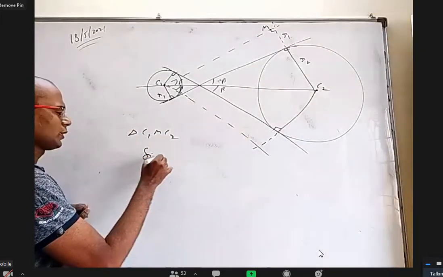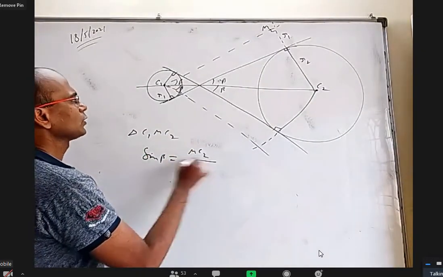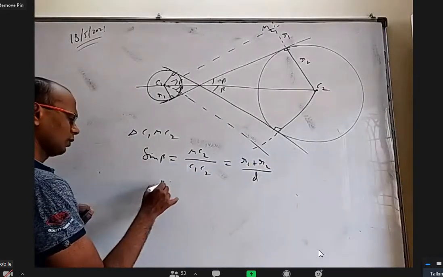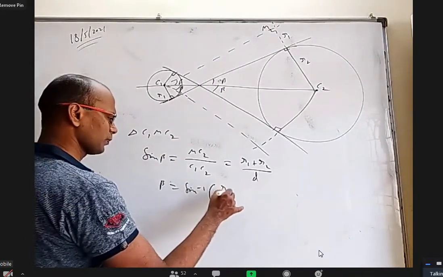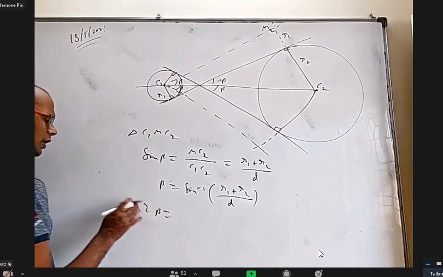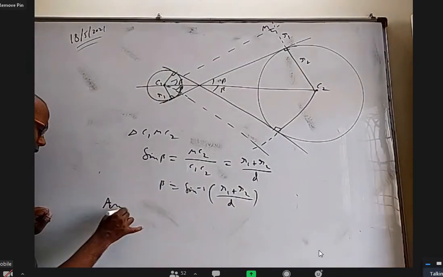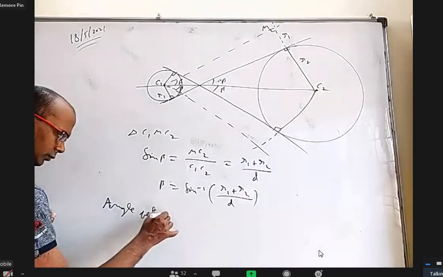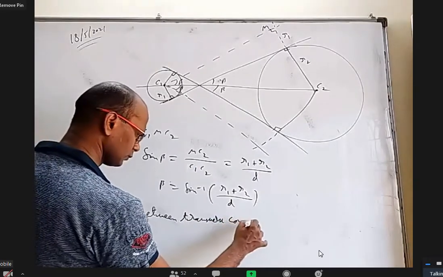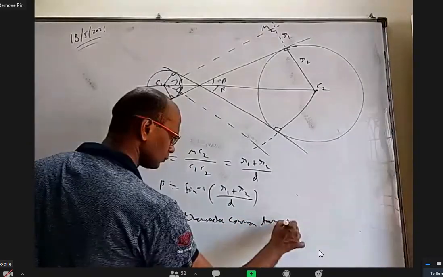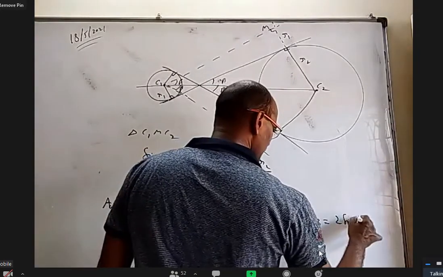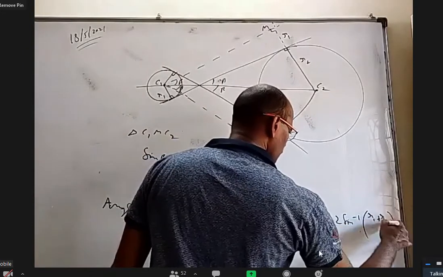So sine beta is equal to MC2 by C1C2, which is (R1 plus R2) by D. So beta is sine inverse of (R1 plus R2) by D. 2 beta, that is the angle between transverse common tangents: 2 sine inverse of (R1 plus R2) by D.